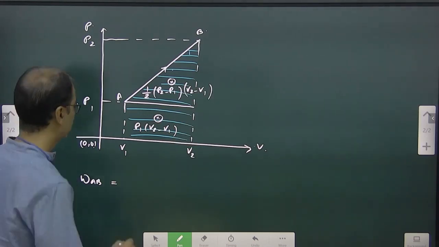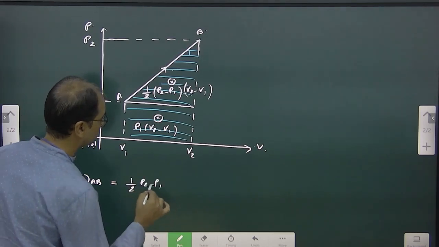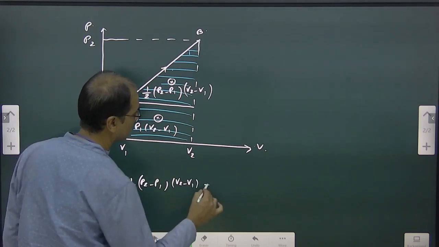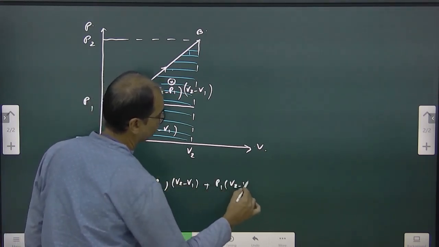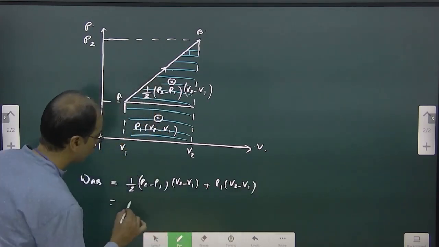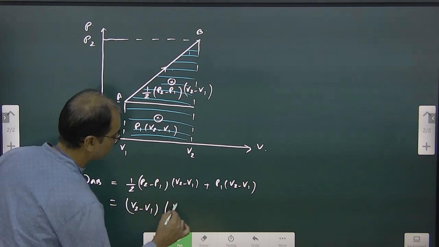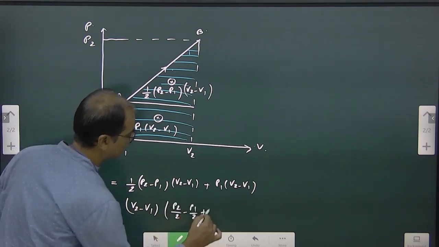Now add them: half P2 minus P1 into V2 minus V1 plus P1 into V2 minus V1. Take V2 minus V1 common. What you have is P2 by 2 minus P1 by 2 plus P1.